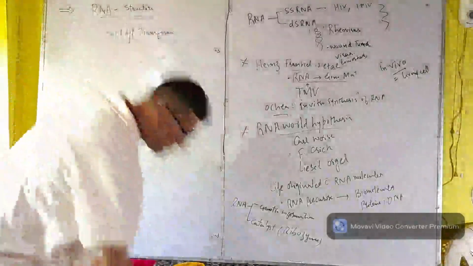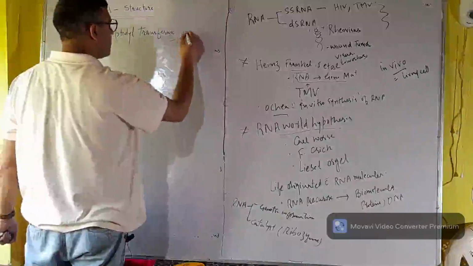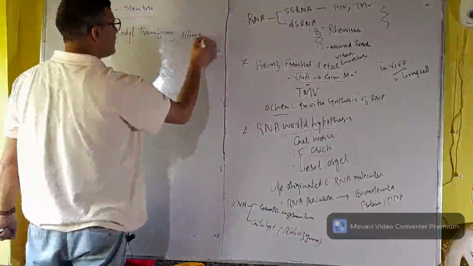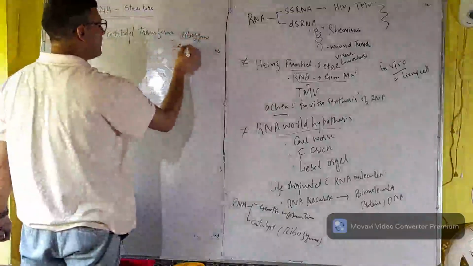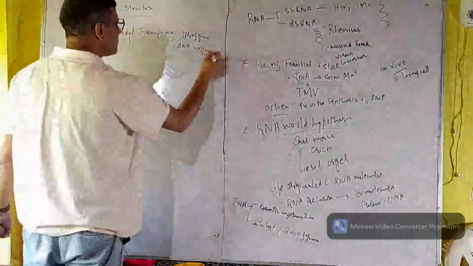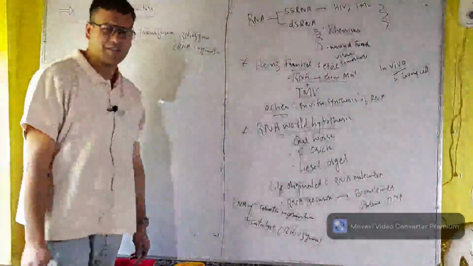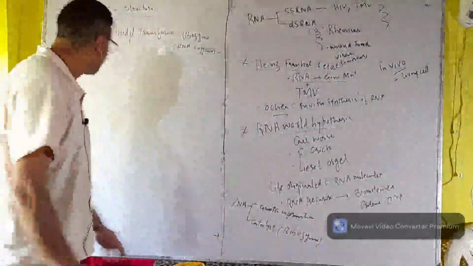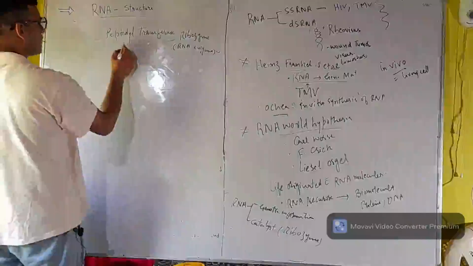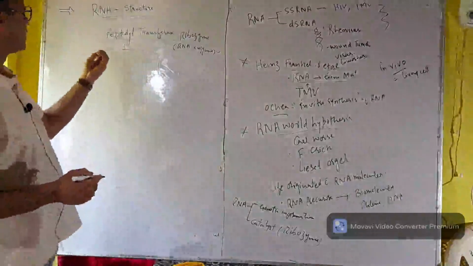This peptidyl transferase is a ribozyme, that is, an RNA enzyme. Most enzymes are made up of proteins, but this peptidyl transferase is made of RNA. It is simply one of the components of the ribosome.